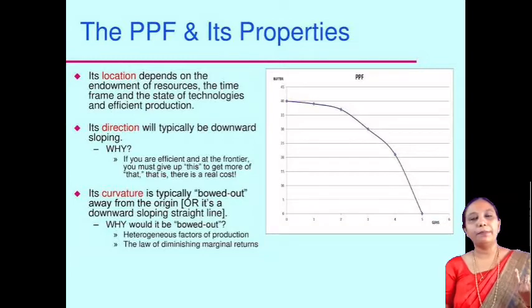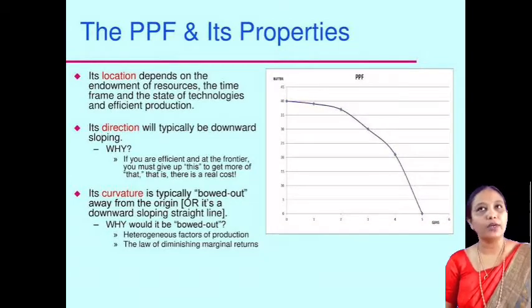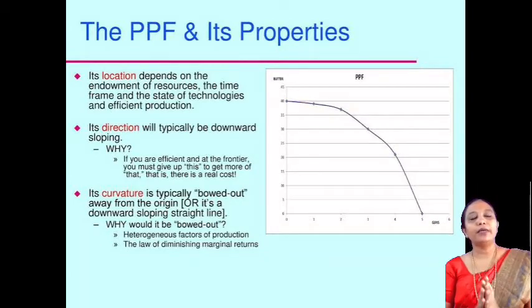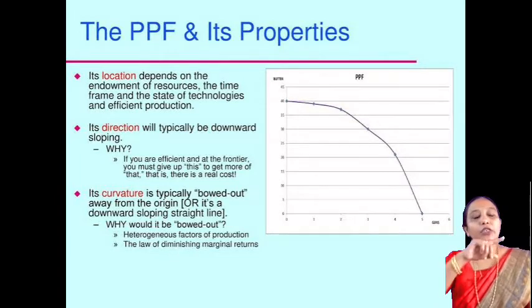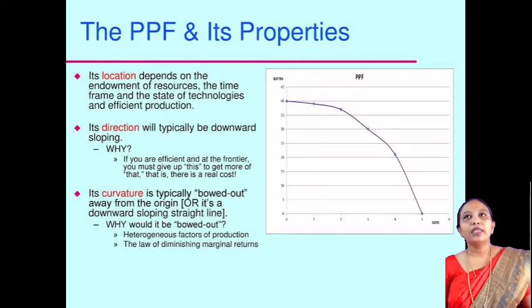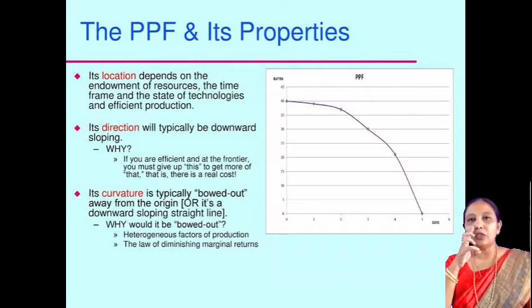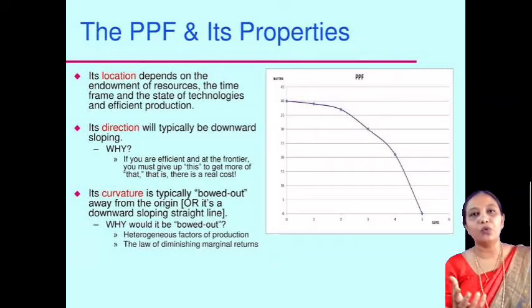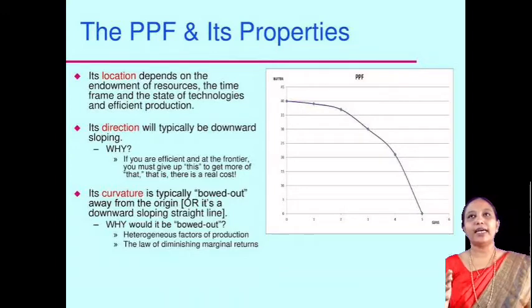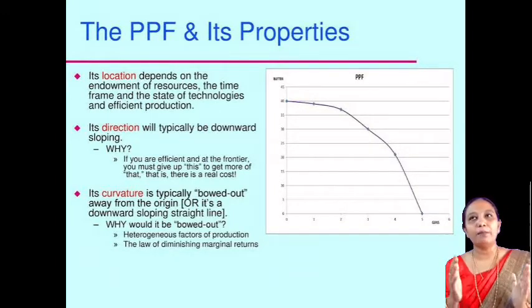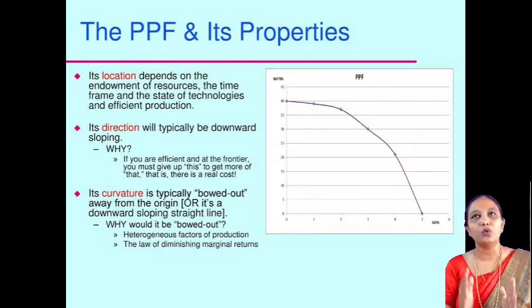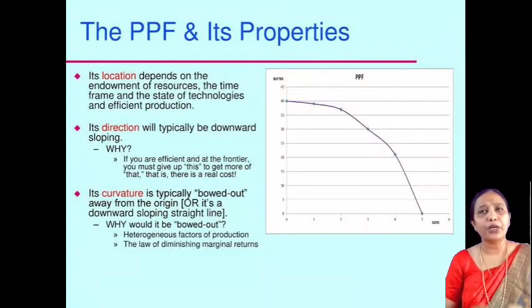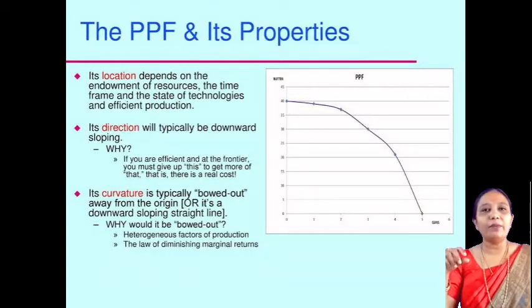One is that the PPF always slopes downward. The other is that the PPF is concave shaped. See, it slopes downward because all the possible combinations of two goods touch both the x-axis and the y-axis. It shows all the maximum possible combinations of two goods which can be produced with the available resources and technology.